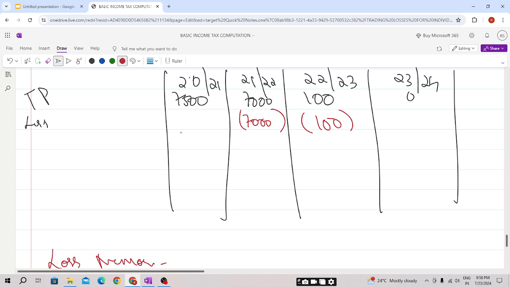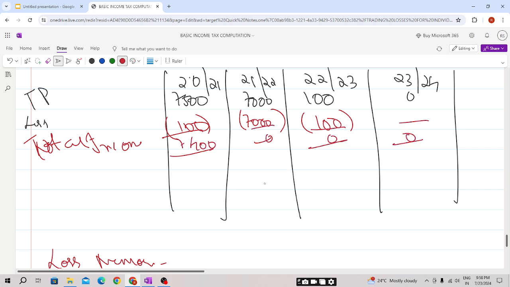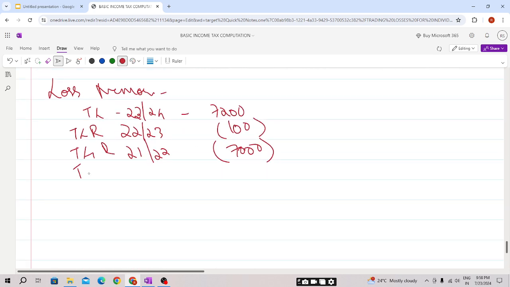So here the total income will be 7,400, here 0, 0, 0. I hope this is clear. So terminal loss relief 20-21 is 100, because we can't claim 7,500 because the loss remaining is only 100, students.